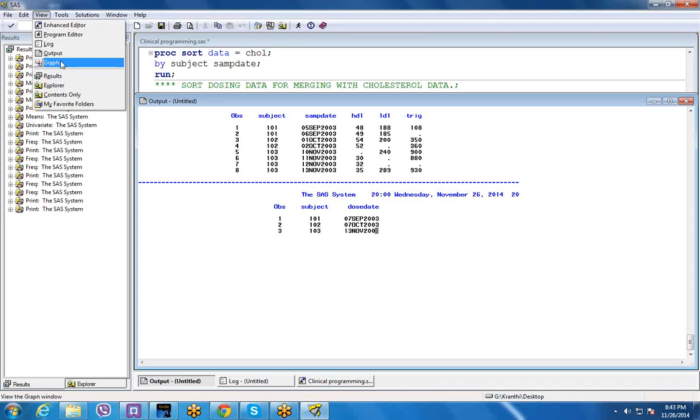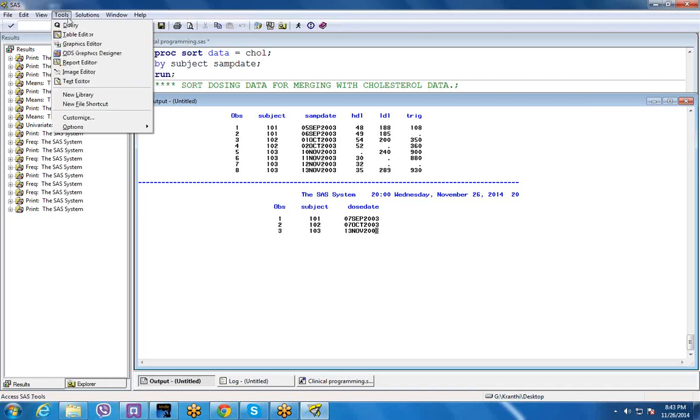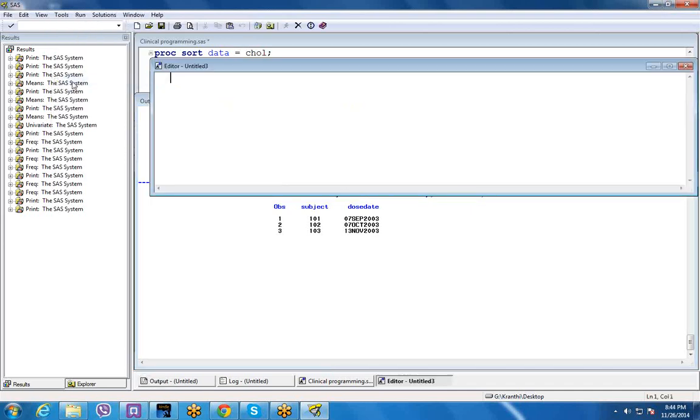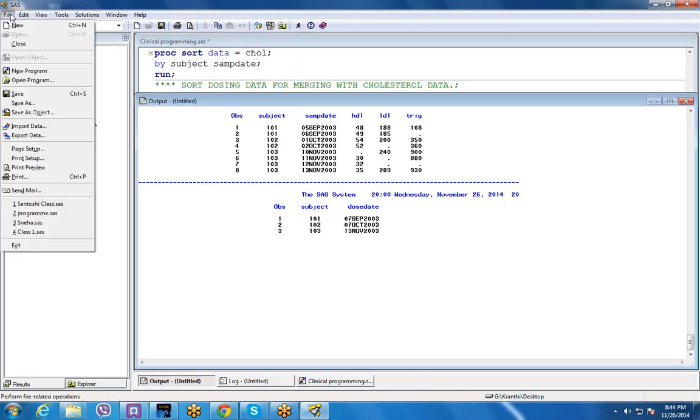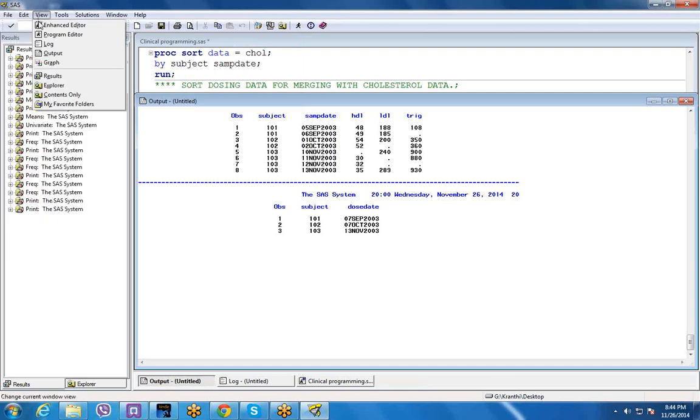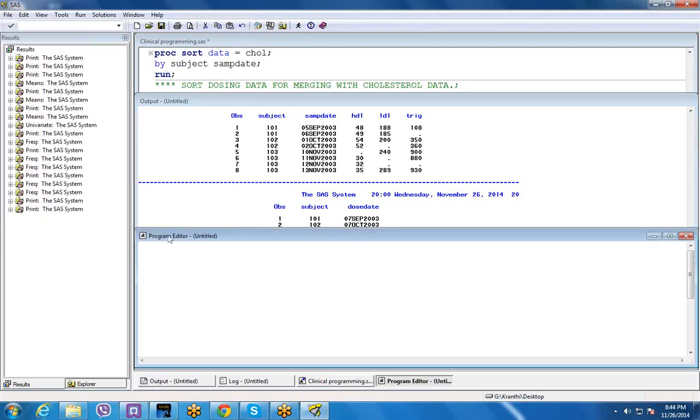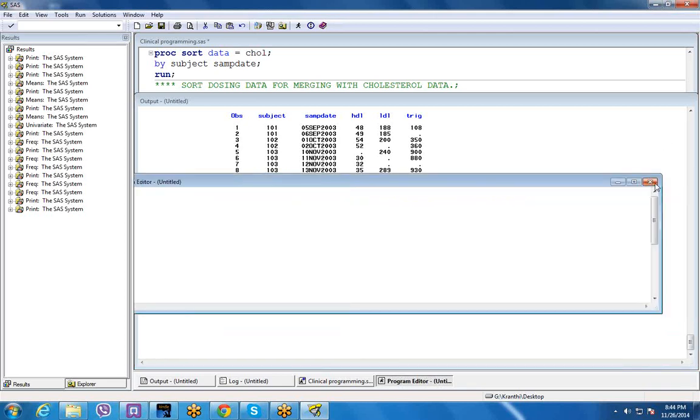Graph, output, log. Text editor, no, it's not the text editor, right? It should be report editor, no. I think it may be present in some older version, it seems. Okay, fine, leave it.